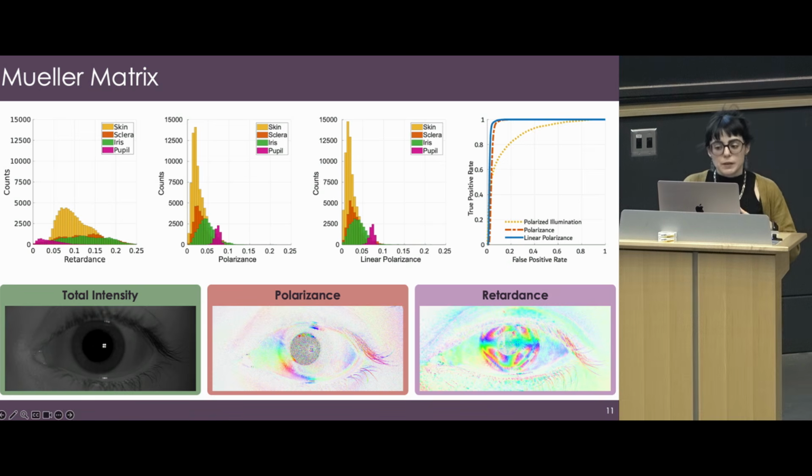We found that the pupil has a very strong polarizance and weak retardance, and the iris has very strong retardance, and slightly weaker polarizance. And then we went further and thresholded through those intensities, and found that it's way easier to isolate the pupil using polarizance and linear polarizance compared to polarized illumination, which is going to be retardance.